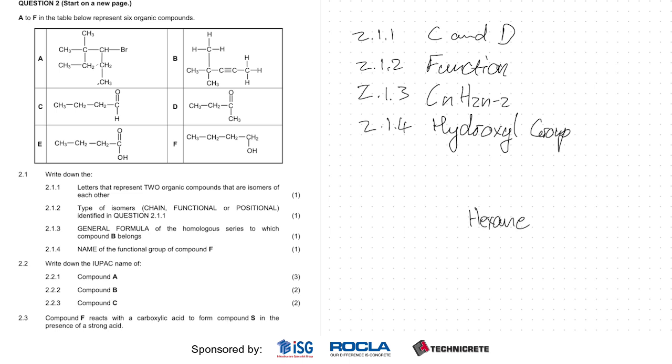So why don't we just write hexane down somewhere? Okay. And then what else do we have on this molecule? Well, we have a bromine atom on 1, 2, 3, 4, 1, 2, 3. So what we're going to do is we're going to assign our carbons this way. 1, 2, 3, 4, 5, 6.